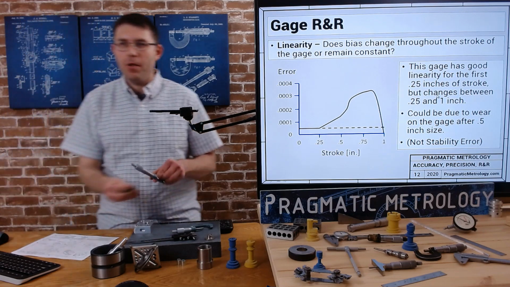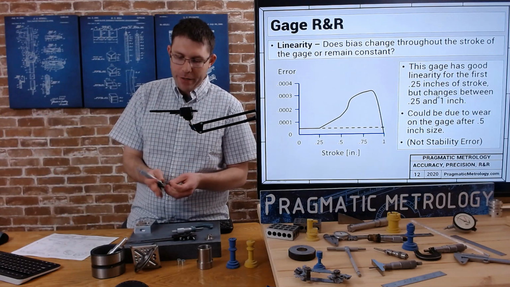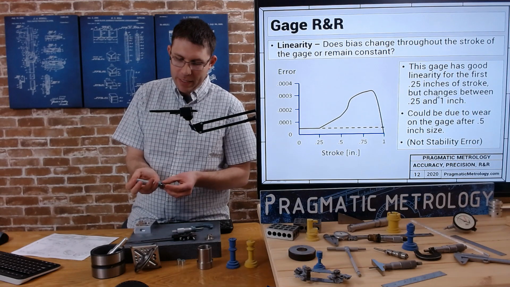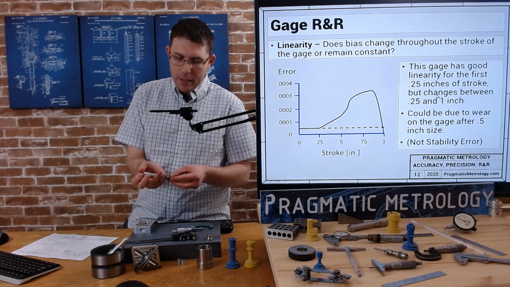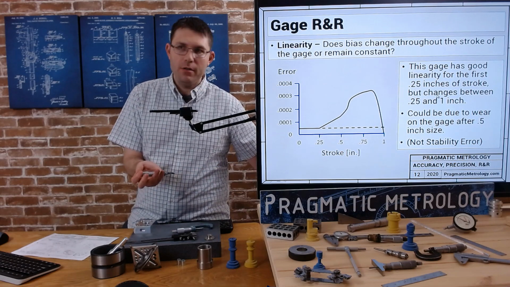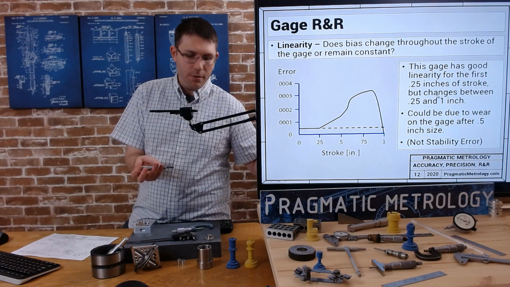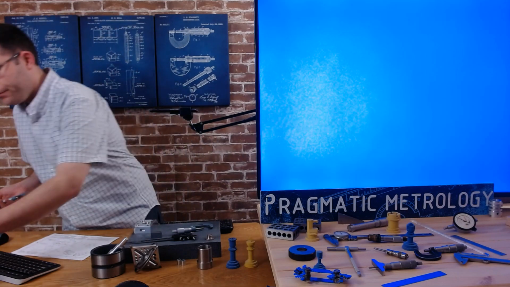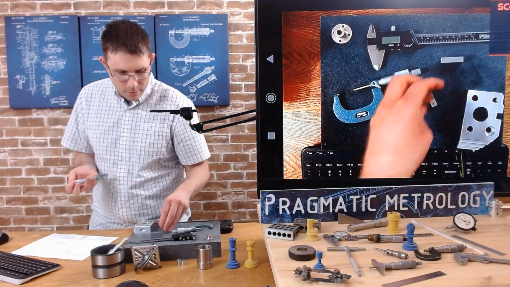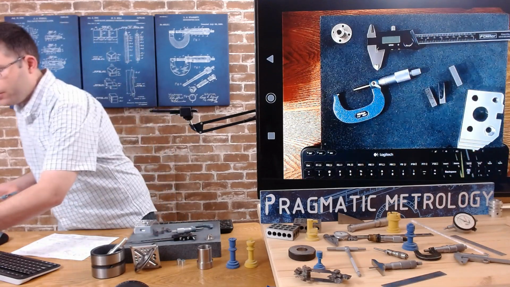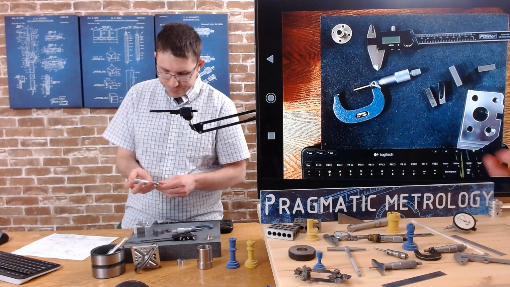So the way to remedy that: grab a gauge block that's part way through and check multiple places. This is a 3/4 gauge block. Let's go through it. I'll grab all the blocks. Let's check the condition of this micrometer.